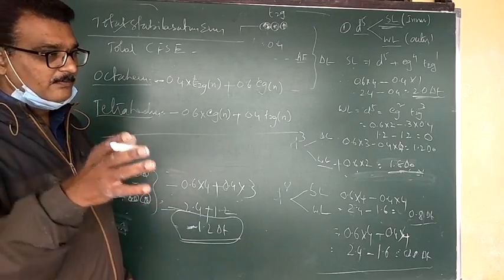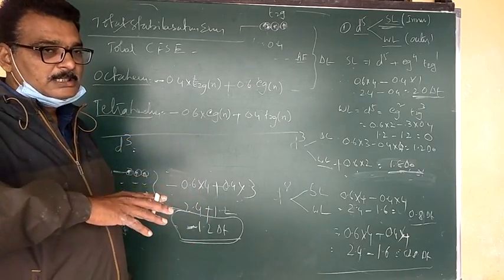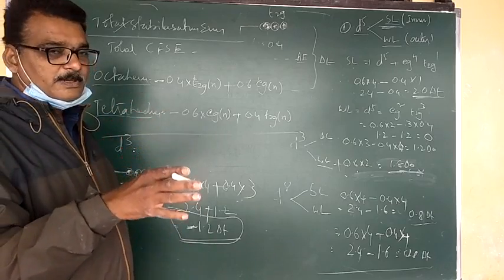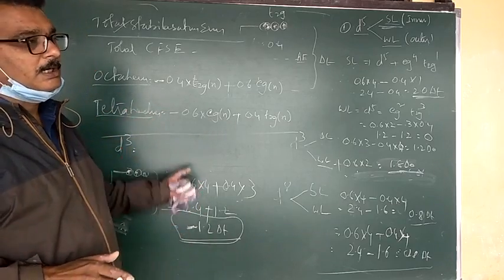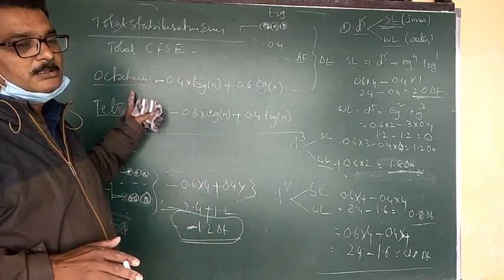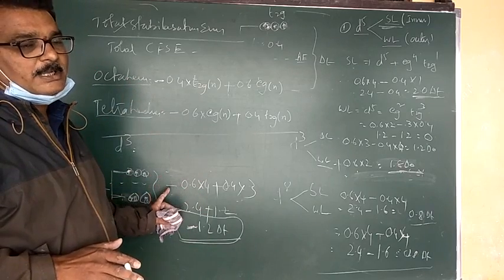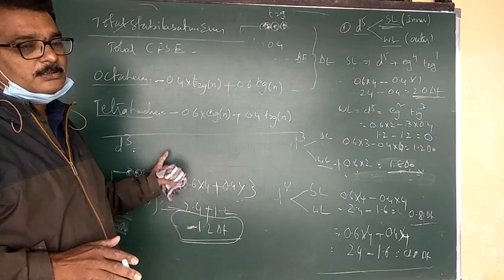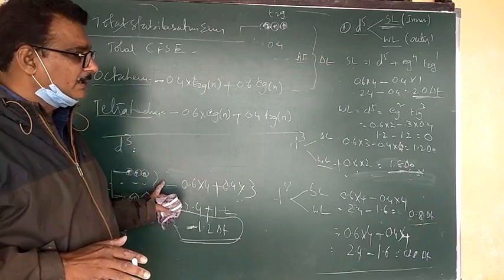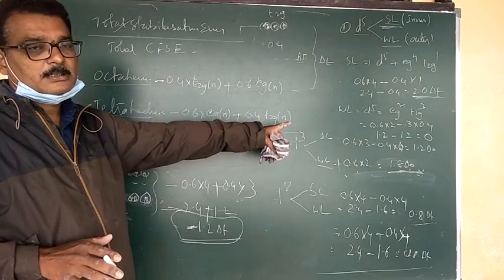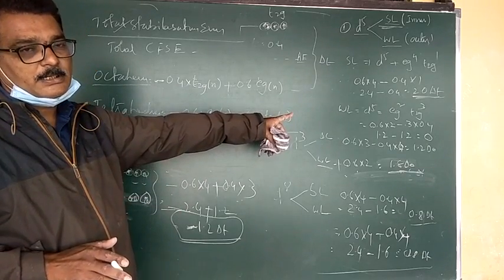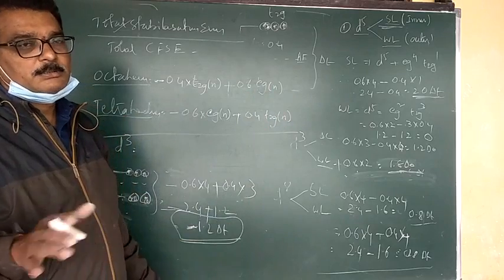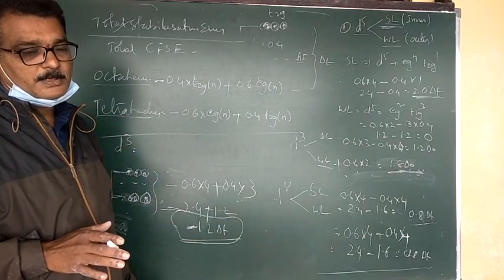The difference is that crystal field splitting energy is without sign, while total stabilization energy has a sign, a minus sign.